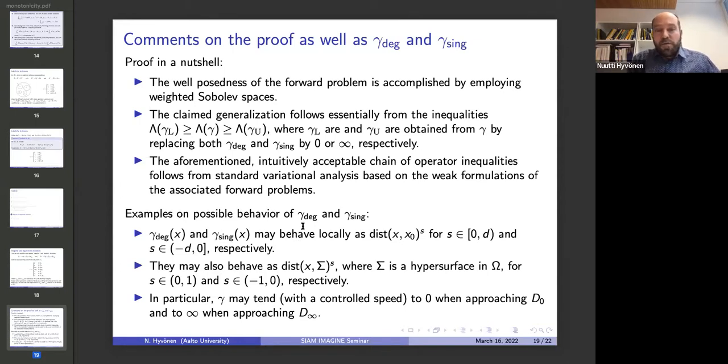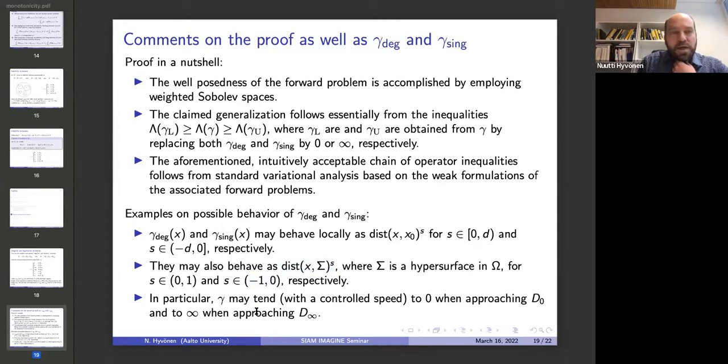Finally, what kind of degenerate or singular behavior one can have. If you take a point inside the inclusion D, then these degenerate and singular parts may go to 0 or infinity with certain speed that is dimension dependent. If you have, let's say, some Lipschitz hypersurface, you may have this kind of behavior where the conductivity goes to 0 or infinity with a lower speed.